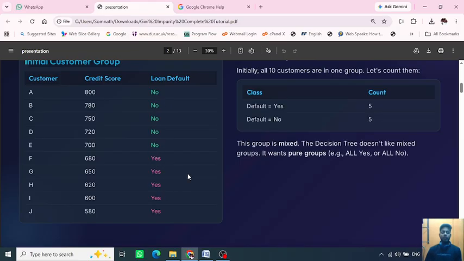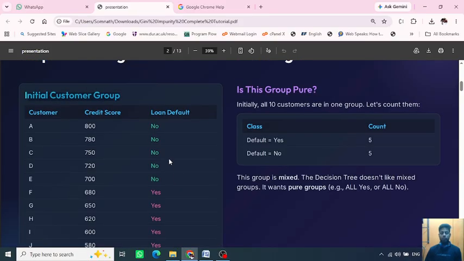So the data set is about whether the customer is a loan default or not, and our decision tree has to predict whether the customer will default or not. Okay. So in the training stage, how does the decision tree split the data set and learn this? This is the aim of this tutorial.